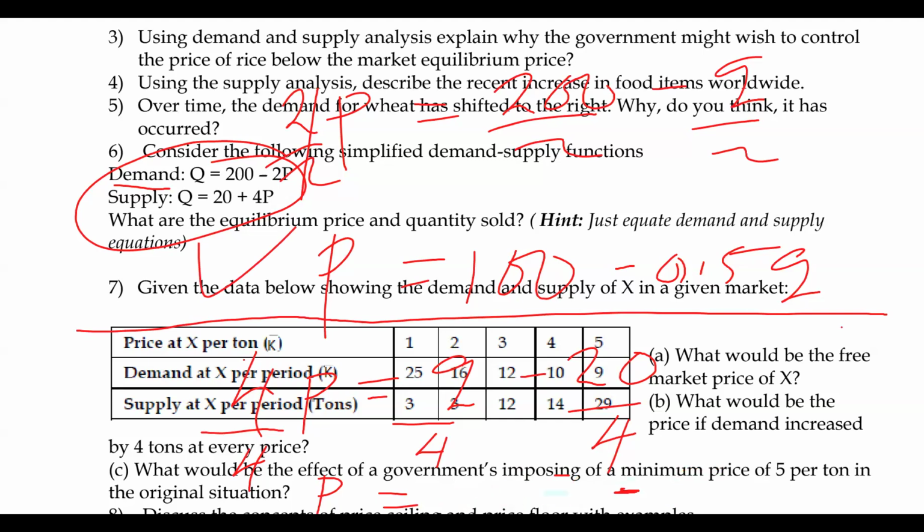Negative 5 plus 0.25q. You've seen this, right?